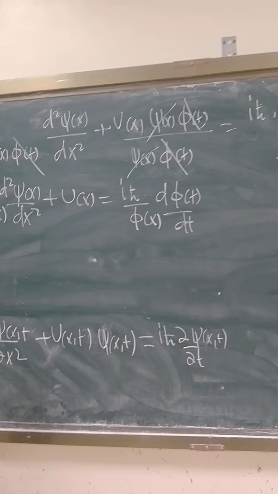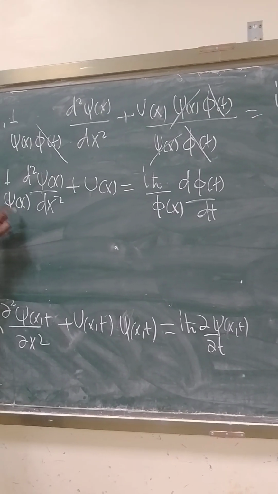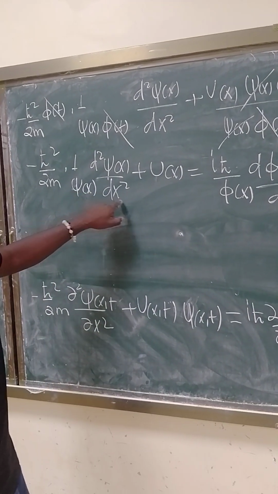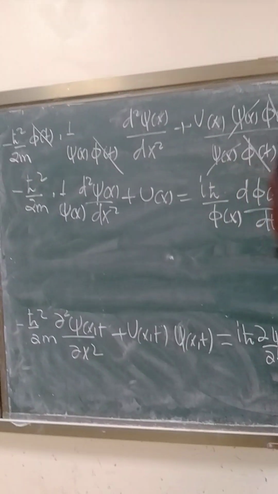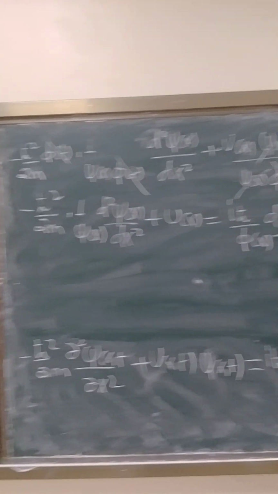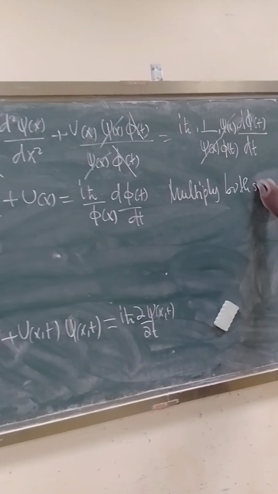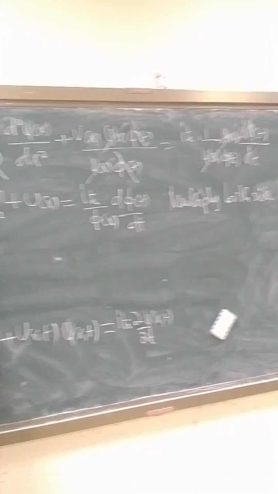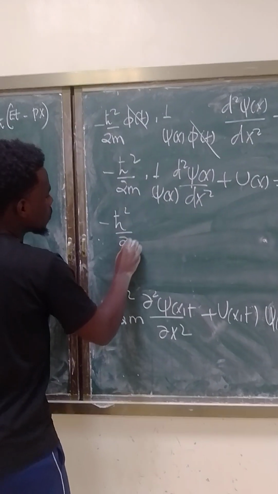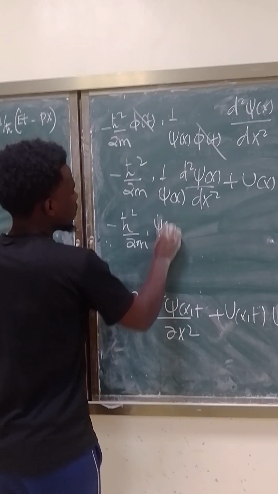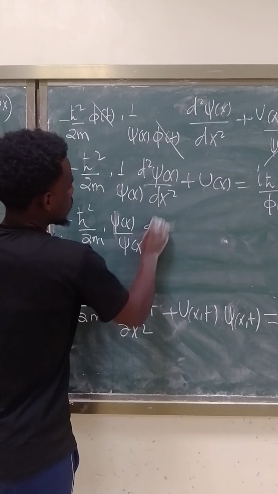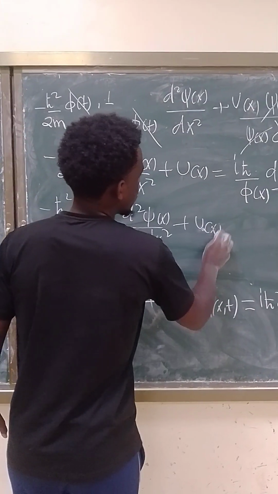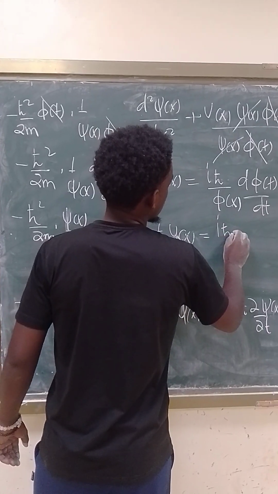Now we are almost done, but because I still have this psi of x in the denominator, I can multiply both sides by psi of x.